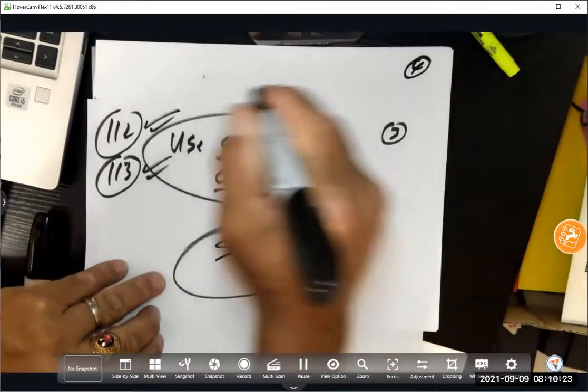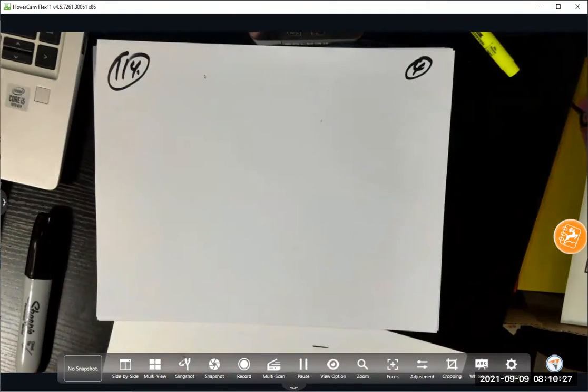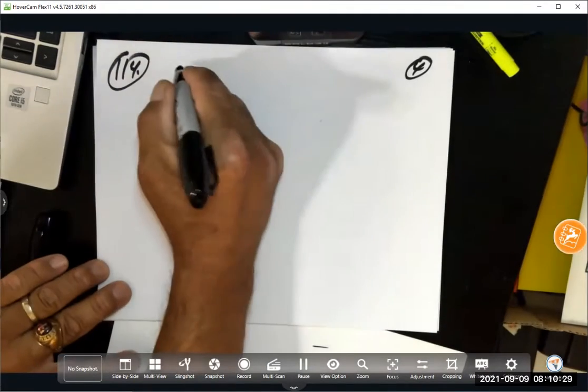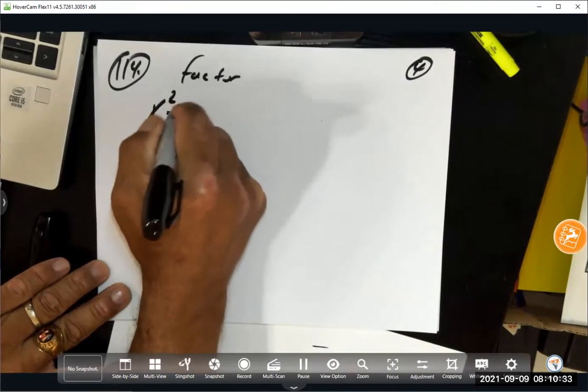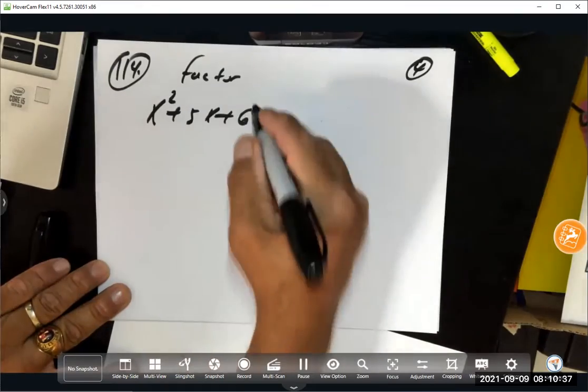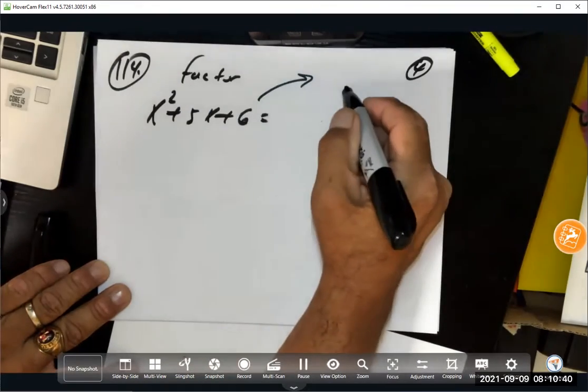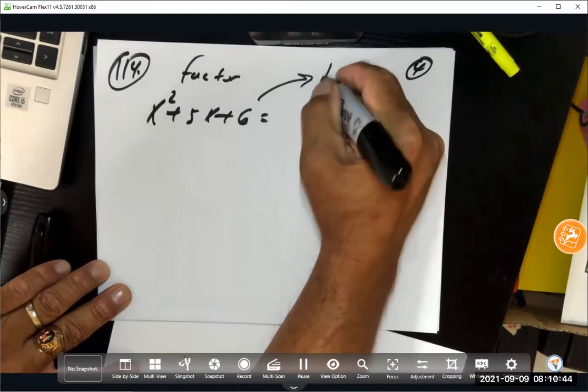So I'm going to go to the next one, which is 114. This one we can do right now. It says factor x squared plus 5x plus 6. Look at the last number. The last number is 6, so 6 times 1 and 2 times 3 are the possible numbers.